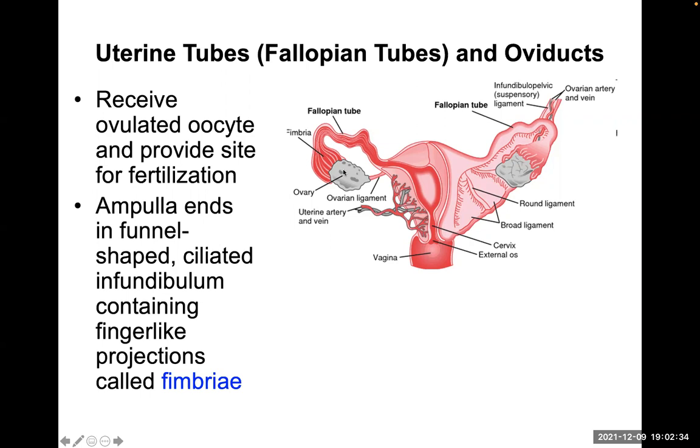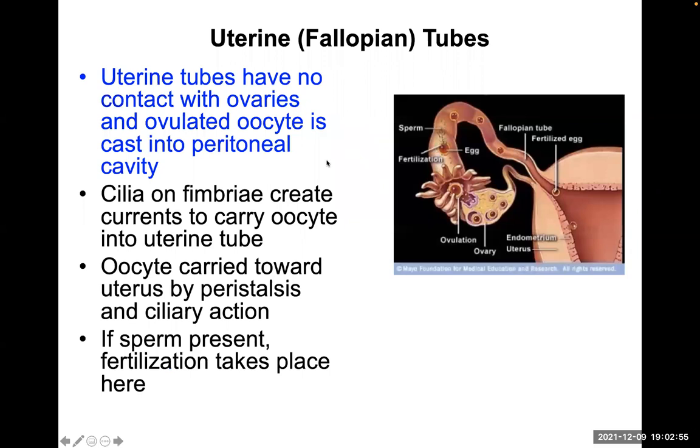And again, ovaries are not directly connected to the uterine tubes. There's a space between the fimbriae and the ovaries, and it's the fimbriae that sweep up the egg and into the uterine tube so that the secondary oocyte can be fertilized if sperm is present.